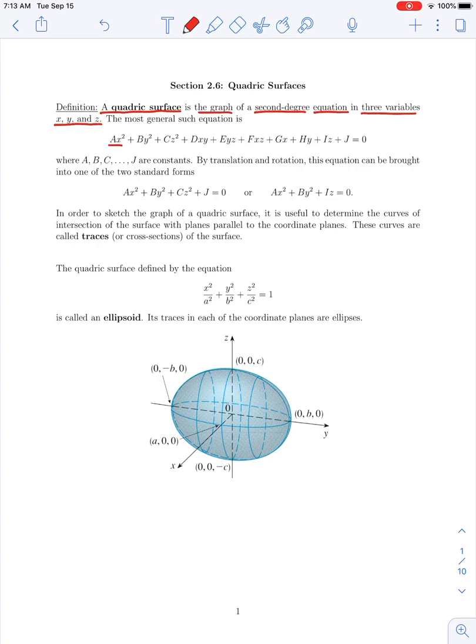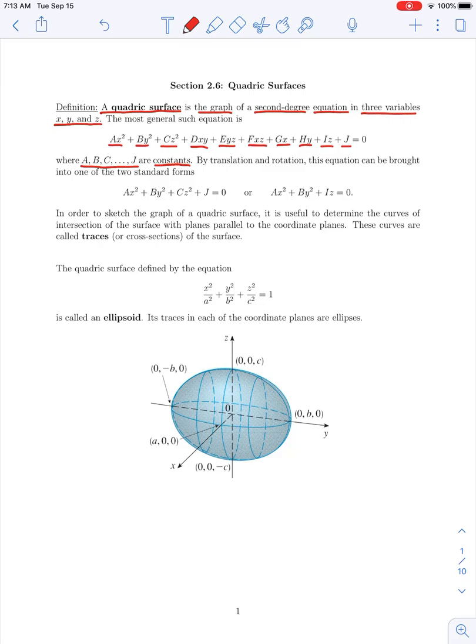Let's say that we have ax squared plus by squared plus cz squared plus dxy plus eyz plus fxz plus gx plus hy plus iz plus some constant j is equal to 0, where a through j are constants.